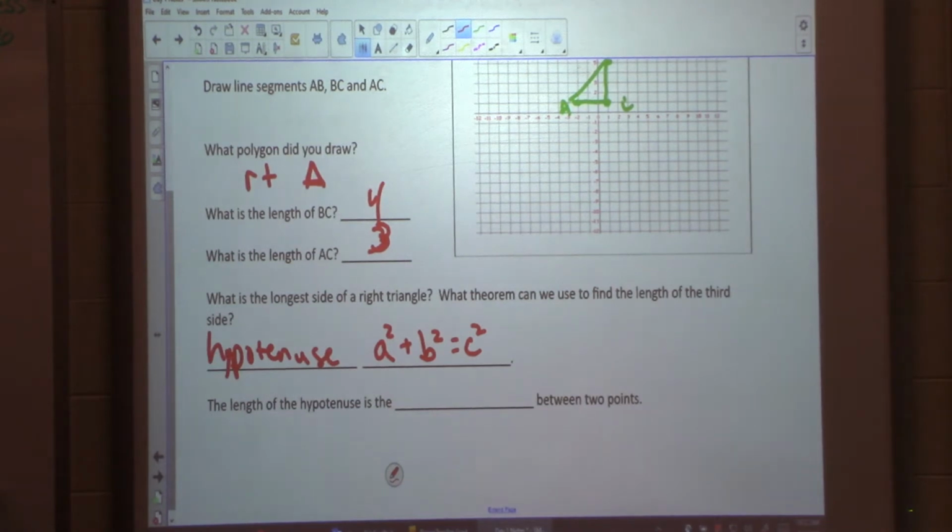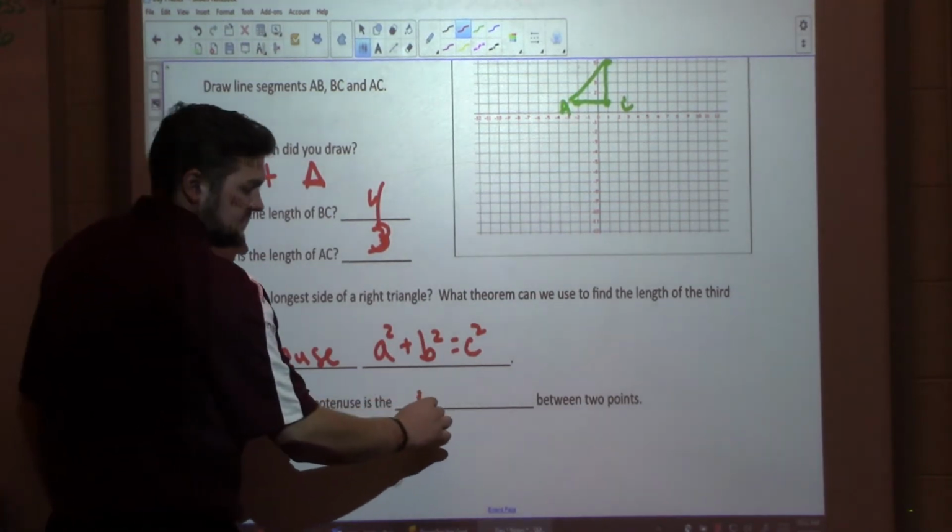Well, hey, if we talk about the length of the hypotenuse, that can also be considered the what between the 2 points? If I'm talking about the length of this line, that's also the what from this point to this point? The distance, right?